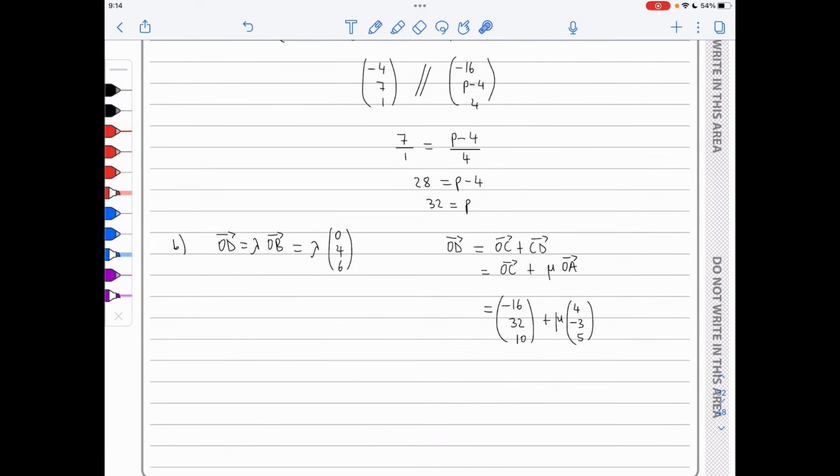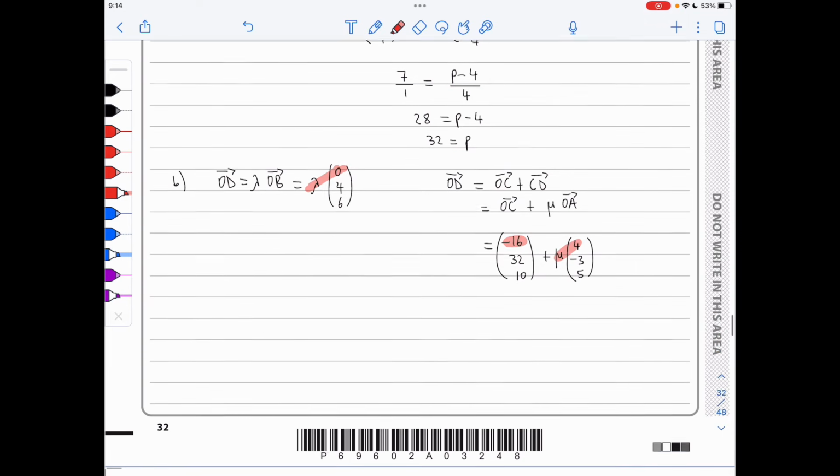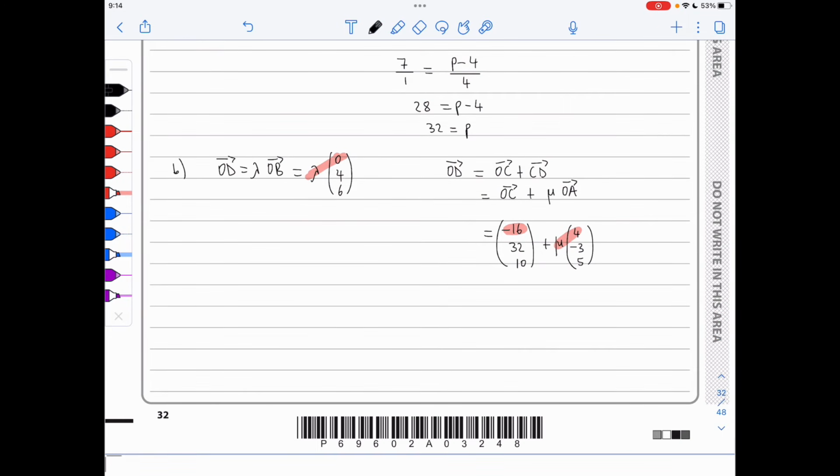I can equate the first entry here because it will make this 0 anyway, so lambda will not appear. So lambda times 0 is -16 plus 4 mu. So this leads to 0 is -16 plus 4 mu. 16 is 4 mu, and therefore we found the value of mu to be 4.